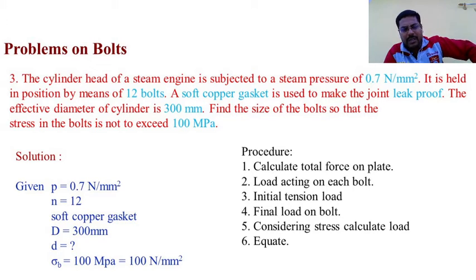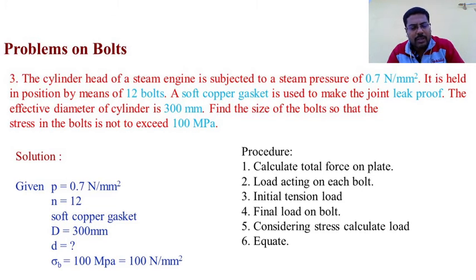Pressure P is equal to 0.7 Newton per mm square, and N is equal to 12, the number of bolts. In previous problems we were finding the number of bolts, but here the number of bolts is already given, and we only find the size of the bolt.